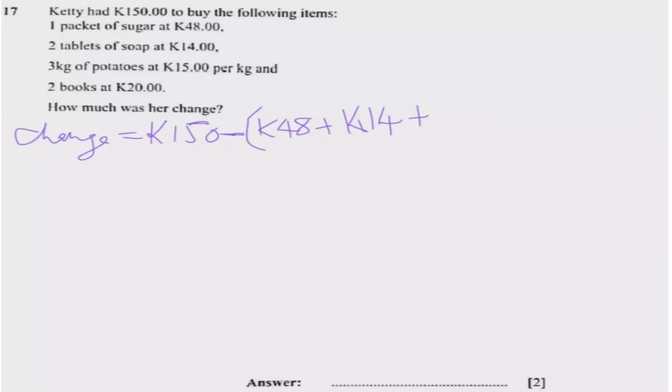Then plus 3 kg of potatoes at 15 kwacha per kg. Now here is where it is tricky. When they say per kg, Katie bought 3 kg and the price for 1 kg is 15 kwacha. So we need to find the total cost of 3 kg, which means we multiply 3 times 15 kwacha, the number of kgs times the price.